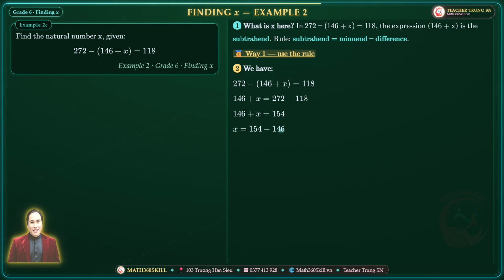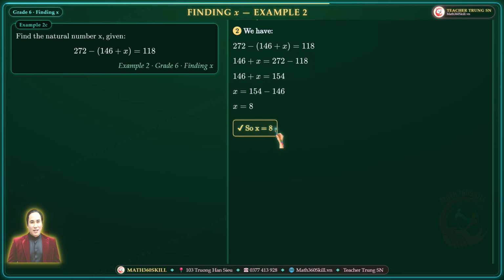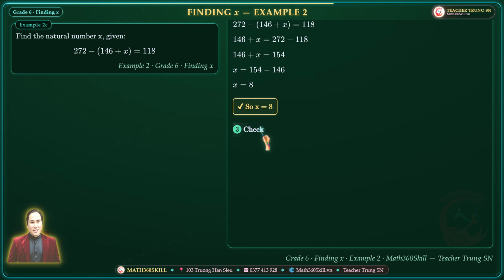Now x is an addend, so x equals 154 minus 146 and x equals 8. So x equals 8. Check: 146 plus 8 is 154 and 272 minus 154 is 118. Correct.